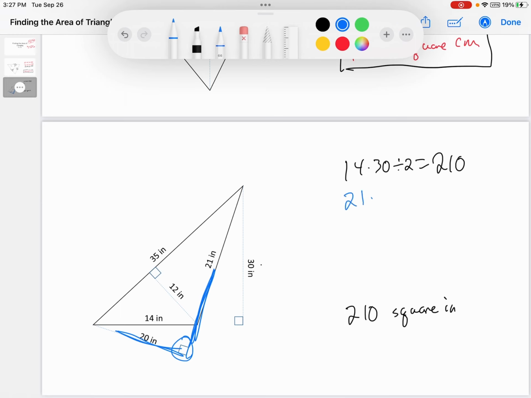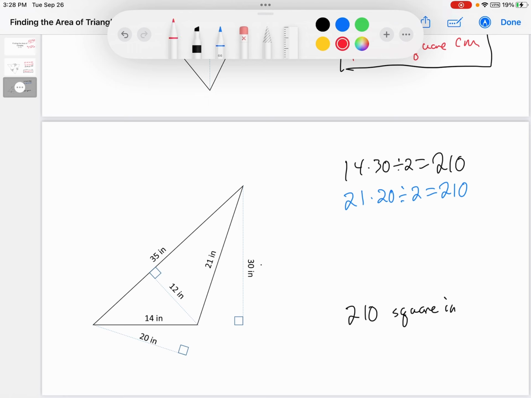And 20 is not a side of the triangle, so that's just the height. So 21 times 20, and then we divide by 2 because it's a triangle. 21 times 20 divided by 2 is 210. Look, we got the same answer, as we expected to. It is the same triangle after all.